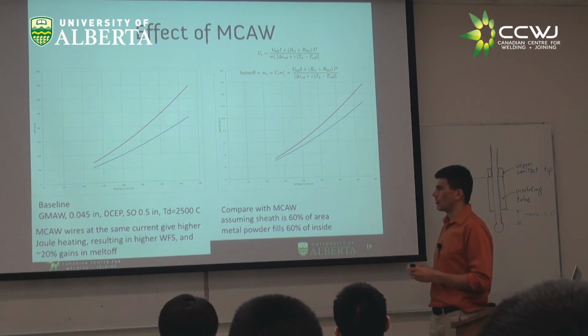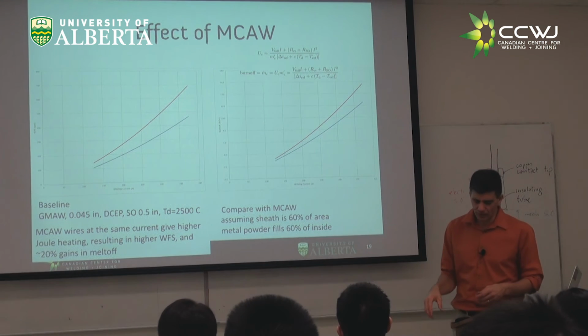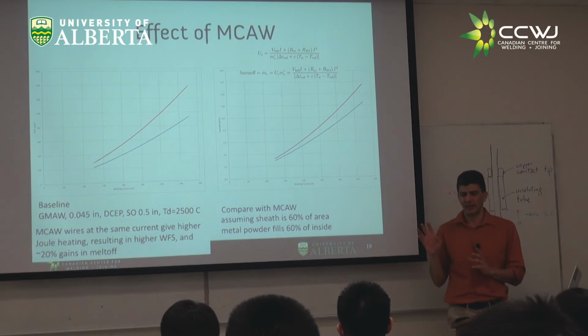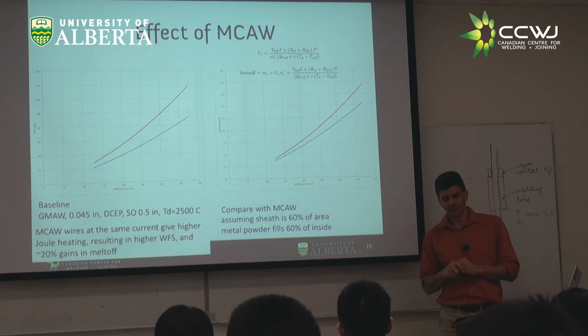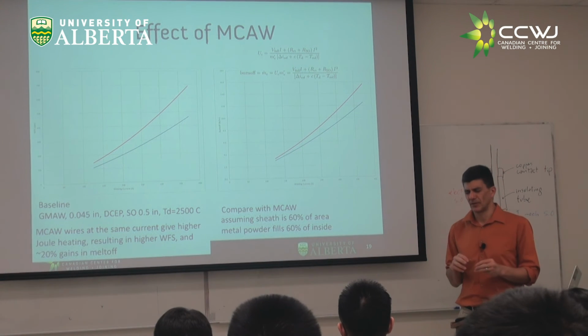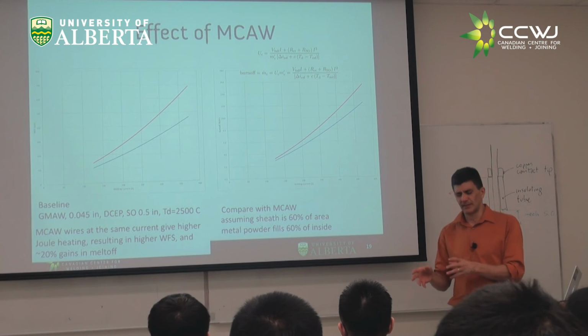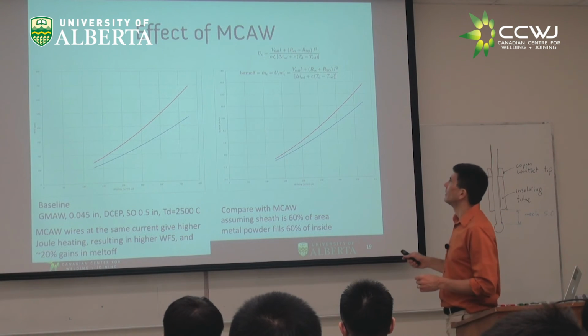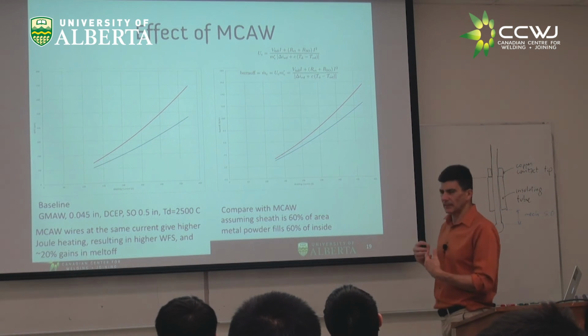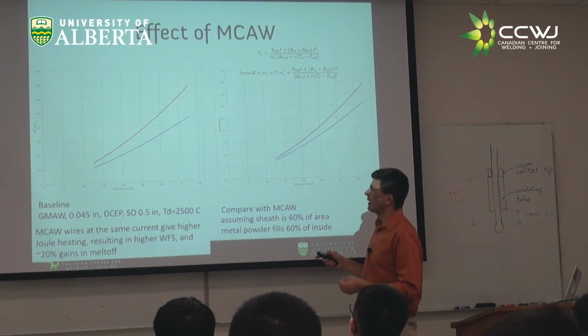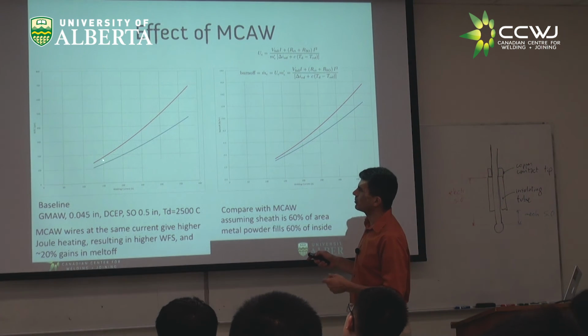All right, metal core. This is trickier to do with the formula just as I gave it to you, because you have to account for the mass of the metal that is not conducting electricity. But I did it. And you get to see if you have metal core, you would have a higher wire feed speed.